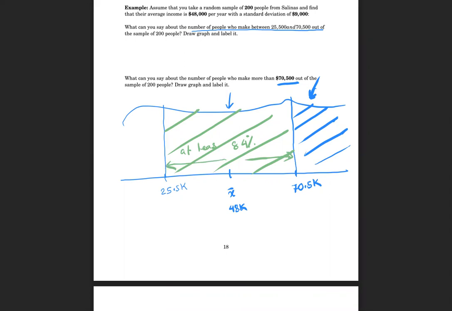Now, what can you say about the data that fall outside of or to the right of 70,500, or more people who make more than 70,500? This question is slightly tricky. So I want you to think about it a little bit. I'll give you 30 seconds to think about it, and I want a response from you guys.